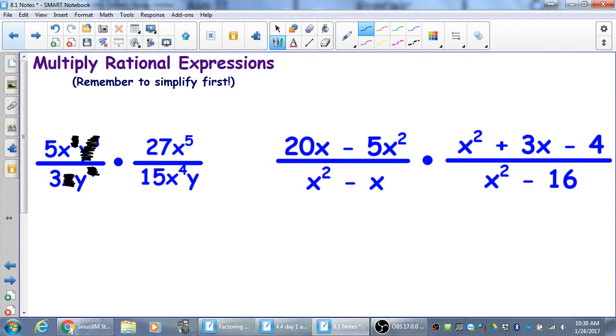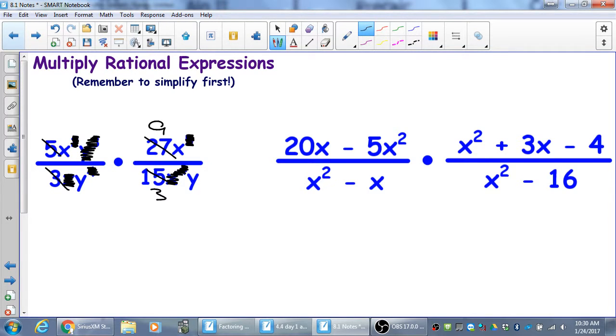How about all of these with 4 of those, leaving 1? How about 5/15 is 1/3. 27 divided by 3 is 9.